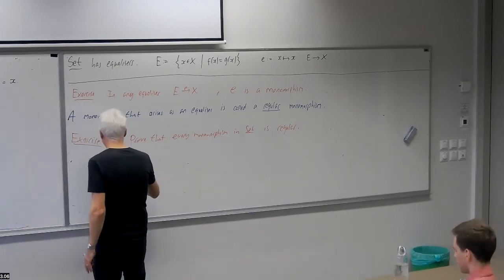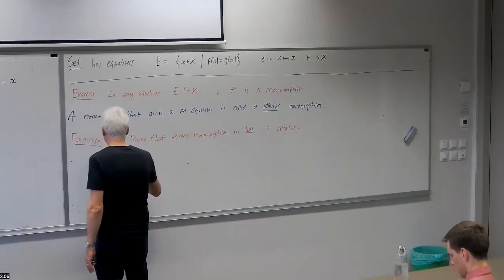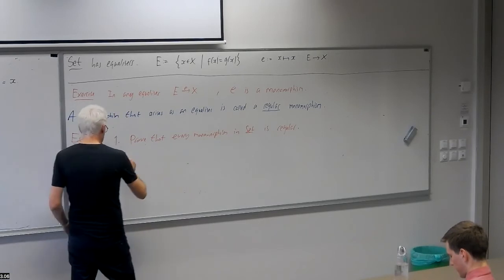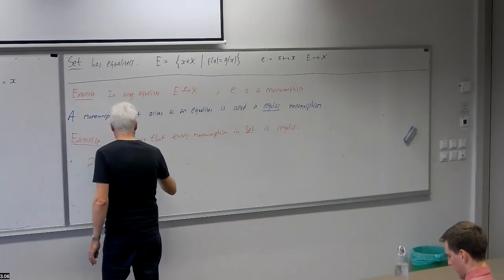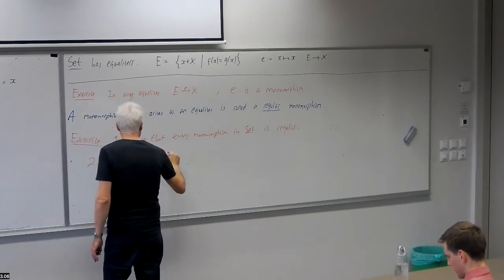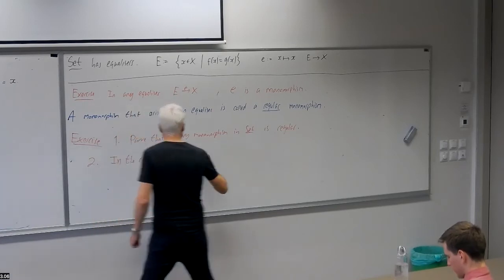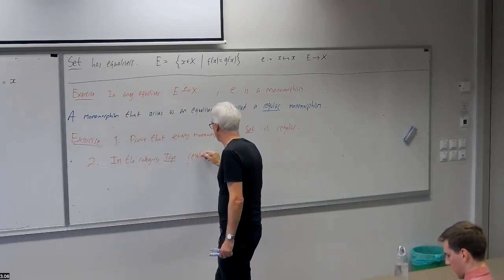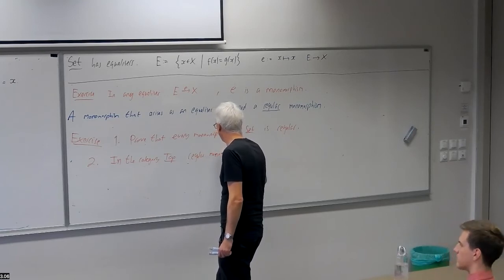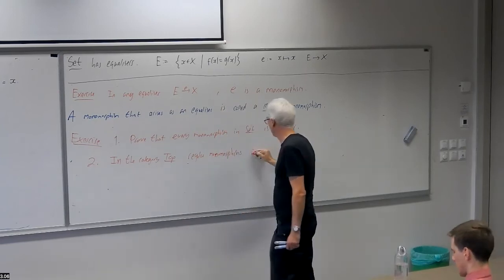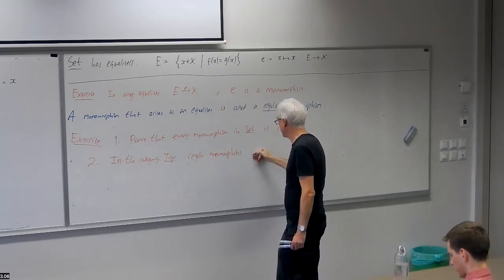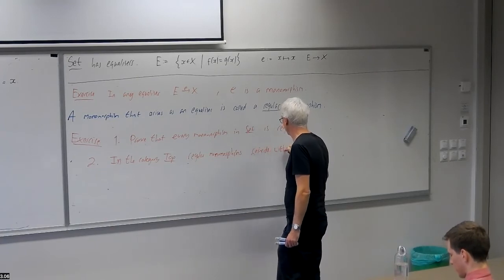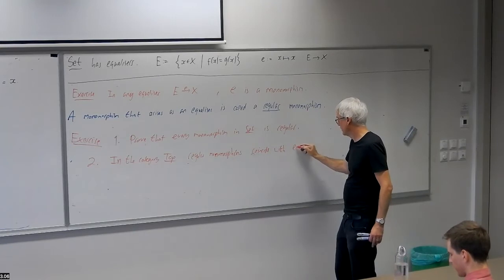So exercise 2 is to show that in the category Top, regular monomorphisms coincide with embeddings.